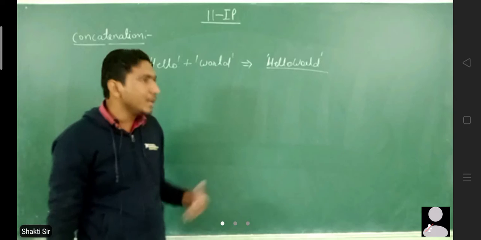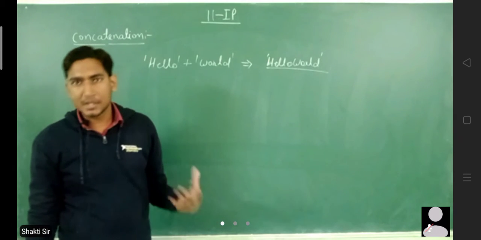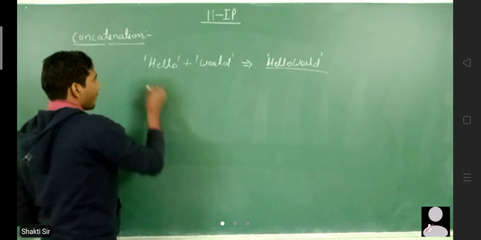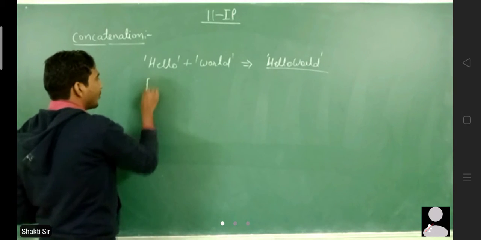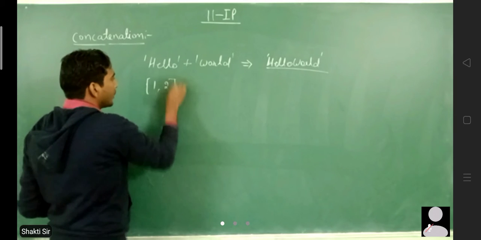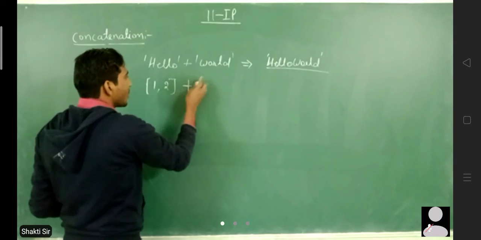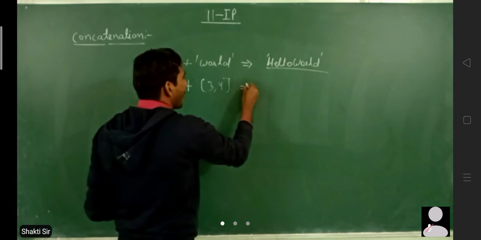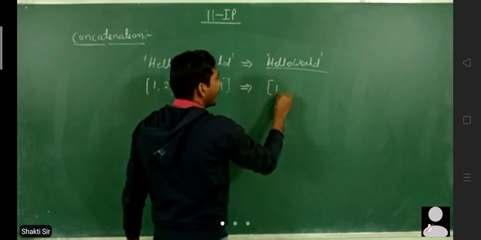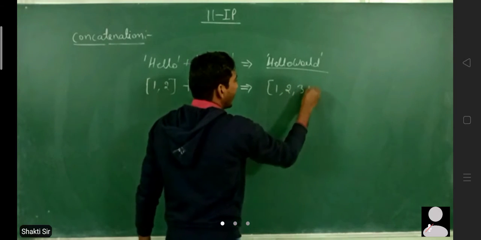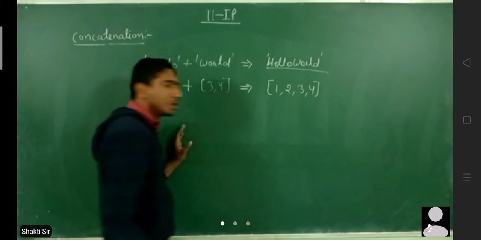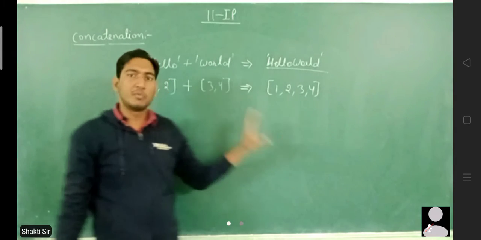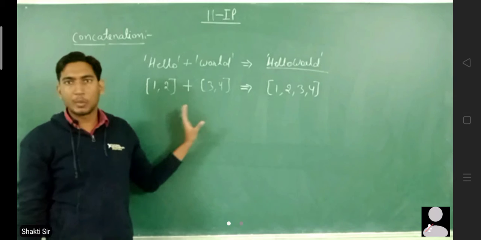And similarly, if both the operands are lists, then also it serves as a concatenation operator. Suppose we have a list 1 comma 2 and then we use a plus operator with 3 comma 4, then again our output would be 1 2 3 and 4. That is, both the lists will be concatenated one after the other if we use a plus operator in between them.